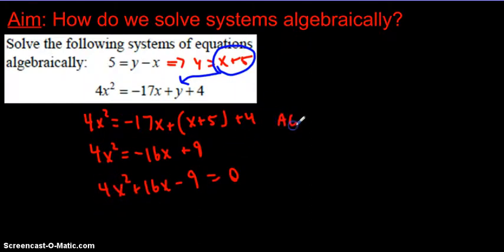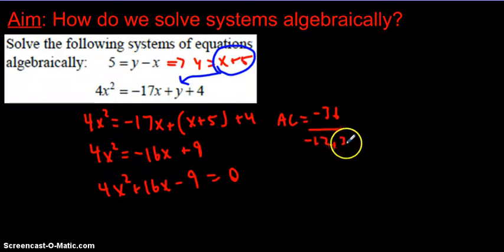AC is equal to 4 times negative 9, which is negative 36. We need two factors of 36 that add up to be 16. So we have negative 12 and 3, which won't work.